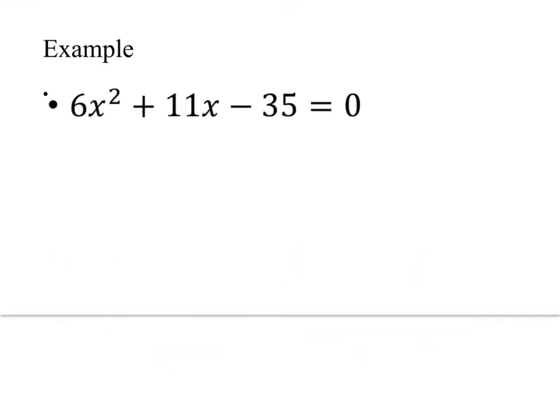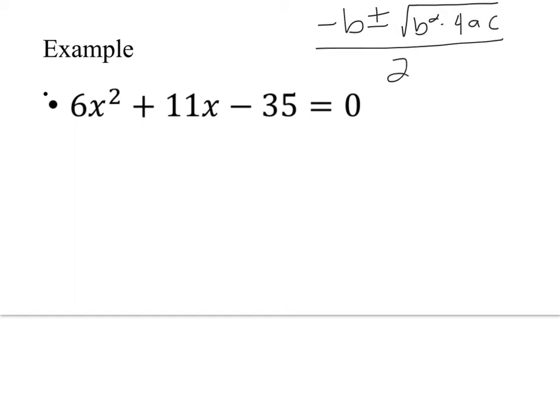Now when you go to do this one, if I multiply the first and the third term, I get a pretty big number. So this may be an instance where the quadratic formula is better. I'm going to go ahead and write that formula out. Negative b plus or minus the square root of b squared minus 4ac, all over 2a. So I've got here a, b, and c.